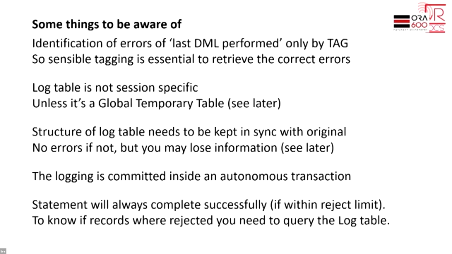That's your only way to know if anything went wrong. There is not an exception, as we have with save exceptions, that at the end is raised if any exceptions happened. If you don't actively look at your logged errors table, you will never know that anything happened. It will just finish successfully.